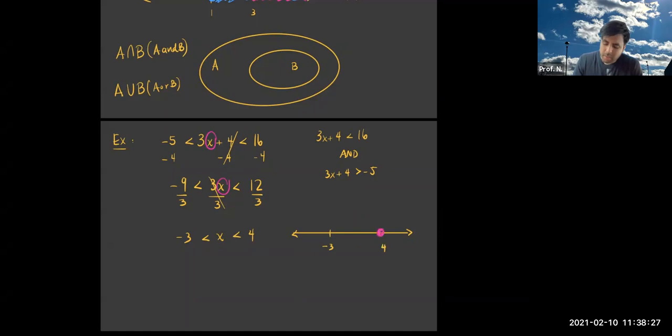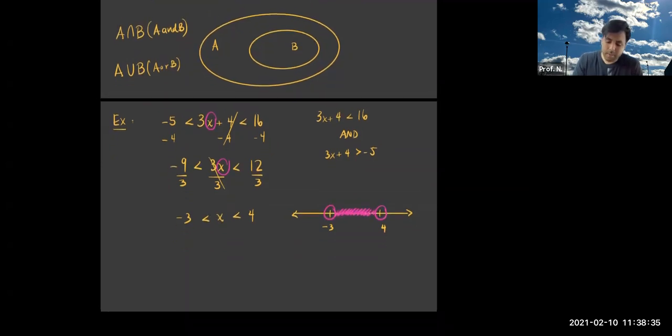I'm going to shade 4. No, actually, I'm not going to shade 4. I'm going to open circle 4, open circle negative 3, and shade everything in between. So that would be the graph of this. And then what would be the interval notation? It would be negative 3, positive 4, and open parentheses for both.